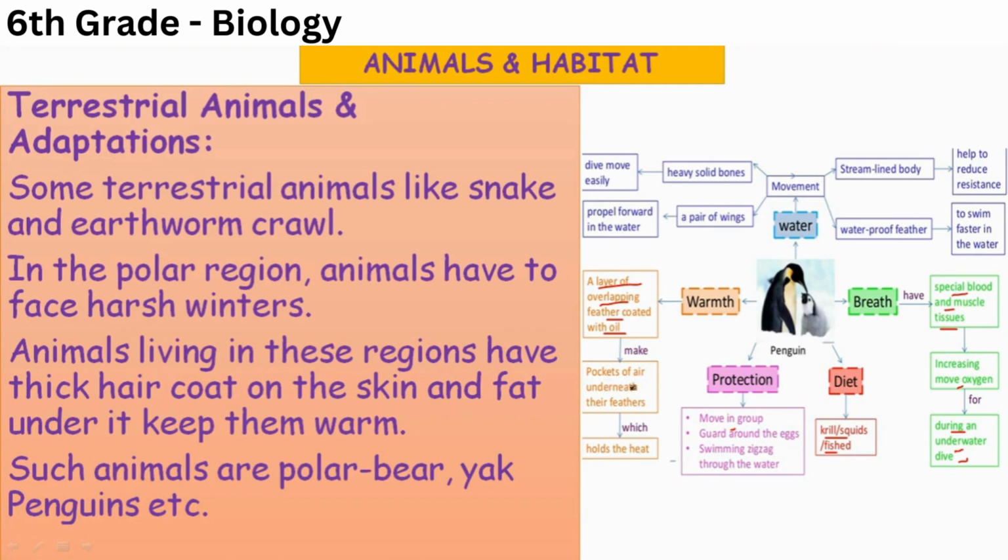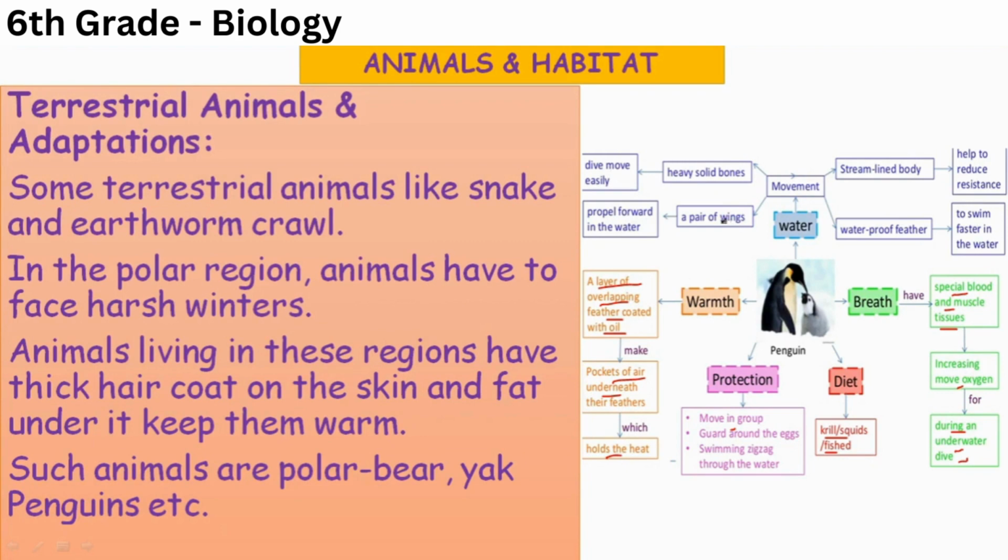They possess pockets of air underneath their feathers, which hold the heat. It is an adaptation for getting warmth. Next, in the water, they dive and move easily. Heavy solid bones are present for this easy movement.